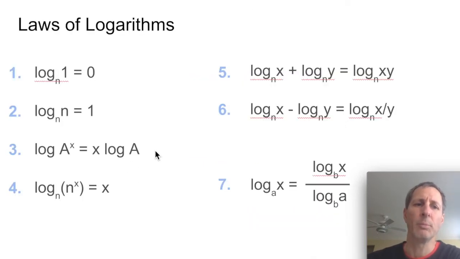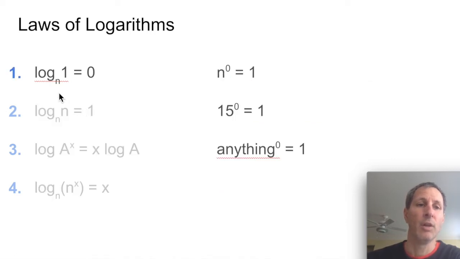Now let's walk through some laws of logarithms. I'll show you some examples of each one of these so you can see how they apply. So the first one: log base n of 1 is equal to 0. Well, that is the same thing as saying n to the 0 power is equal to 1, right? So another example would be 15 to the 0 power is equal to 1.